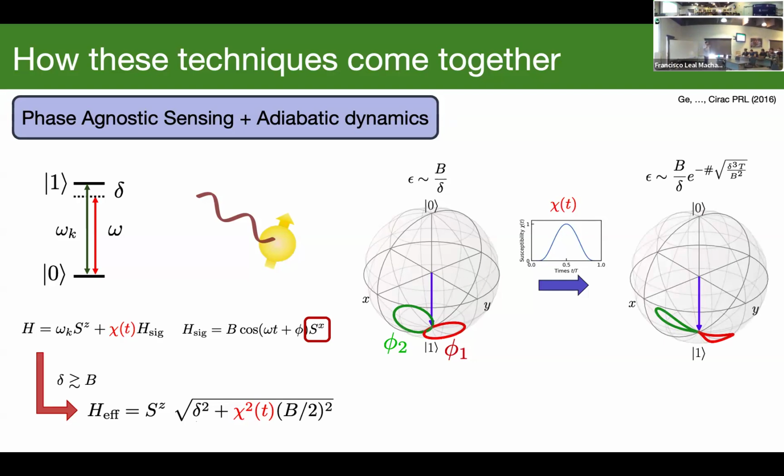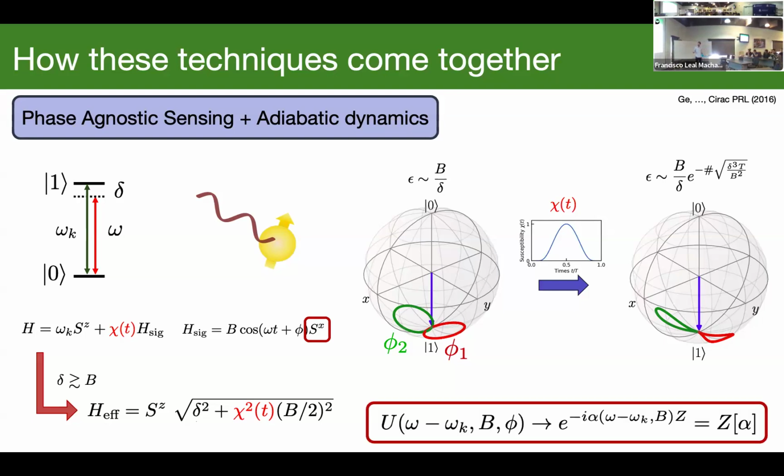And this allows us to pick up a significant amount of phase while guaranteeing that the error of this operation is quite weak. And crucially, the angle phi matters for what direction you go out on the Bloch sphere, but it doesn't affect the amount of phase that you can pick up.